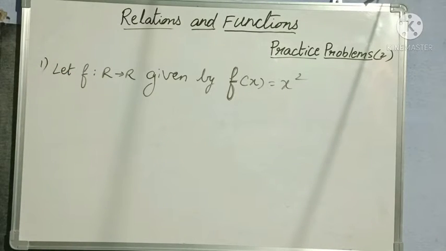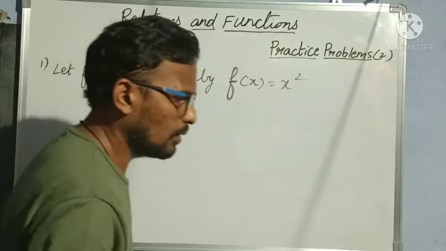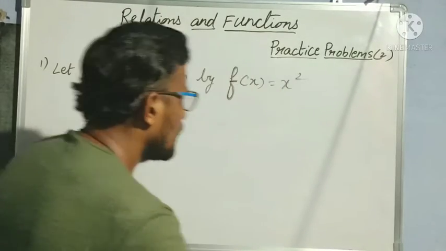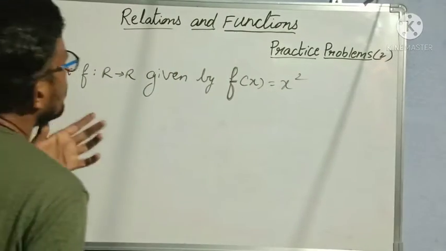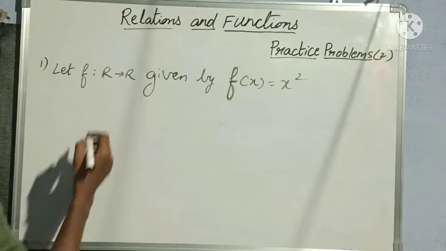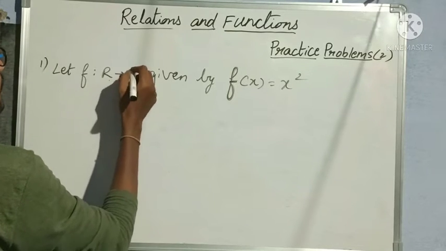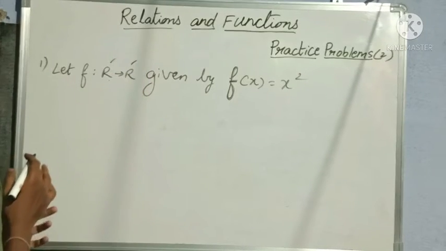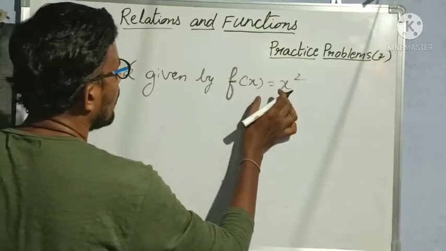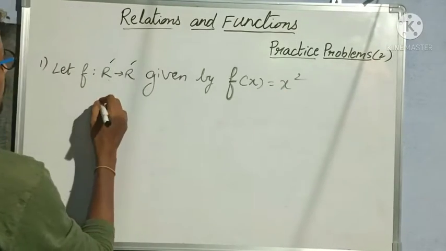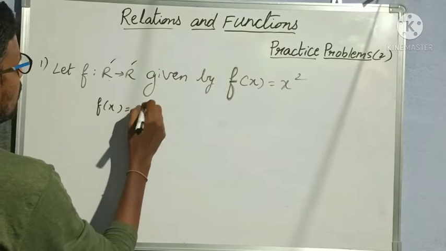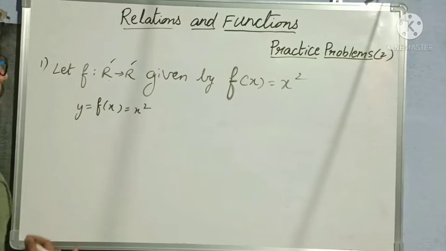Among all those four, we have to see which are satisfied and which are not. R to R, so here our domain is R and codomain is also R. Now f of x is equal to x square is nothing but y is equal to x square.